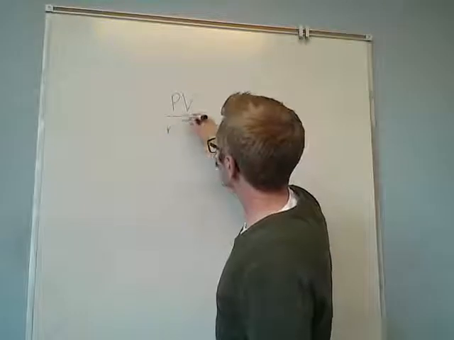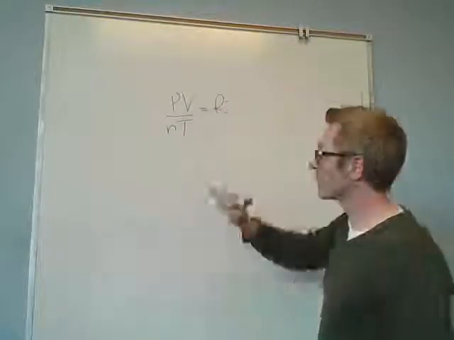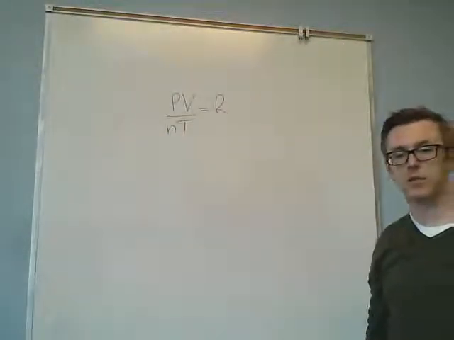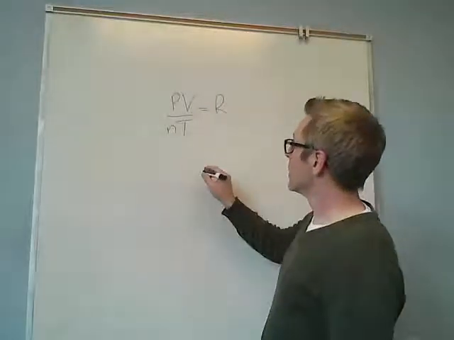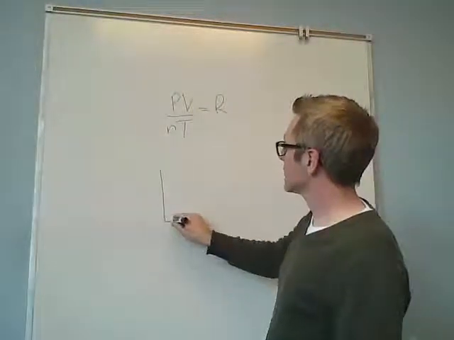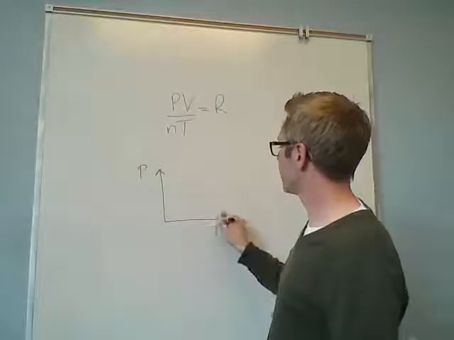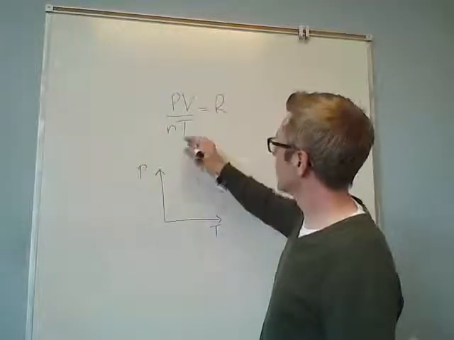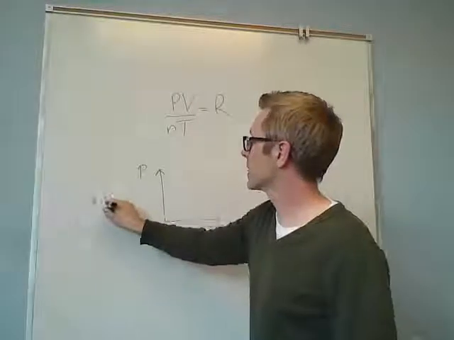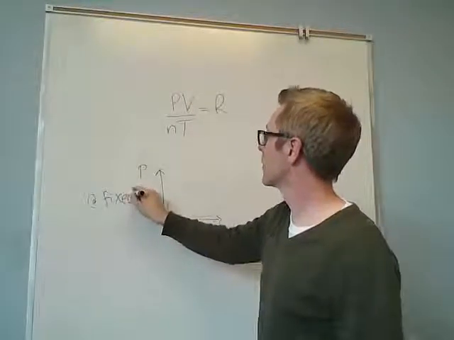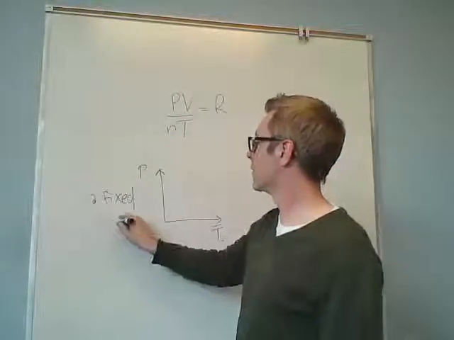PV over NT equals R. Again, that's our ideal gas equation. Let's look at pressure and temperature. That means we're going to fix volume and moles.